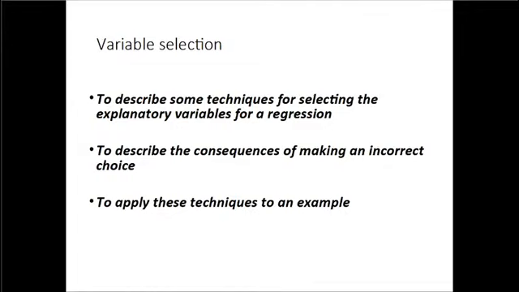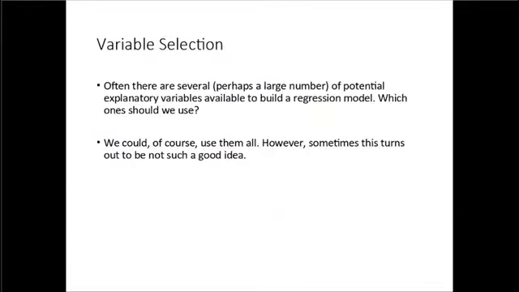You need to select the best set of variables important for your regression model, and that's what variable selection is all about. In other words, we can also say that it's a way to drop the not so important variables. That's another way to put it.